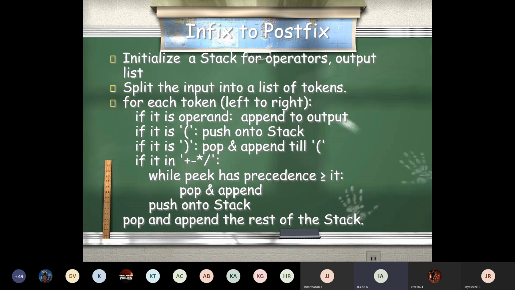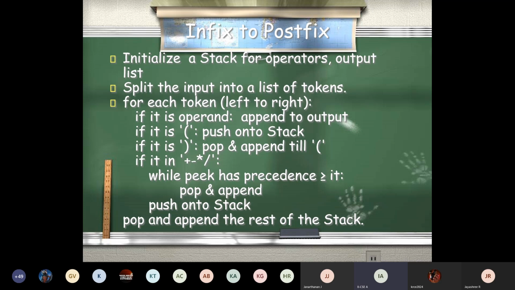Okay. So you note on this while loop. So while your precedence is greater, you are going to pop and append. While the operators in your input is greater than your stack contents. Okay. So it defines contents in your stack. This one defines your stack contents.